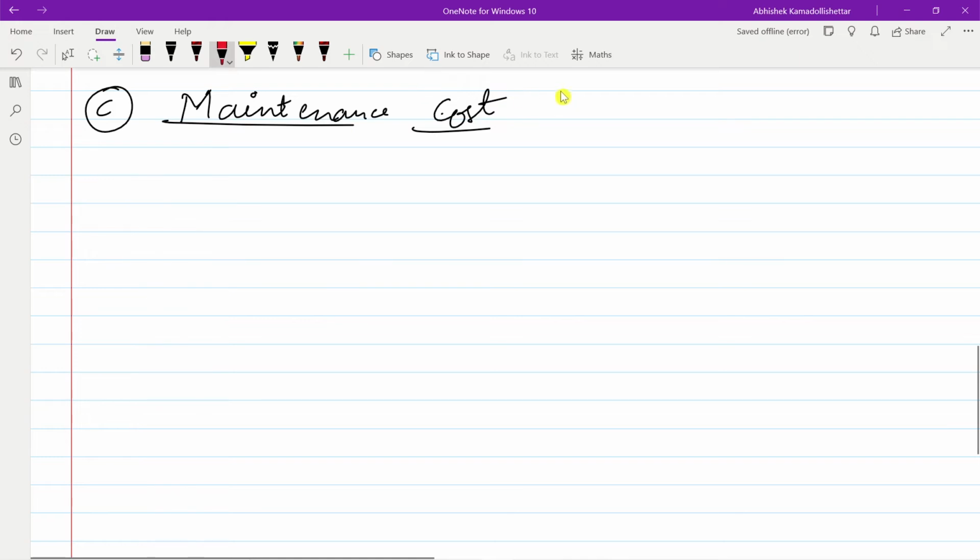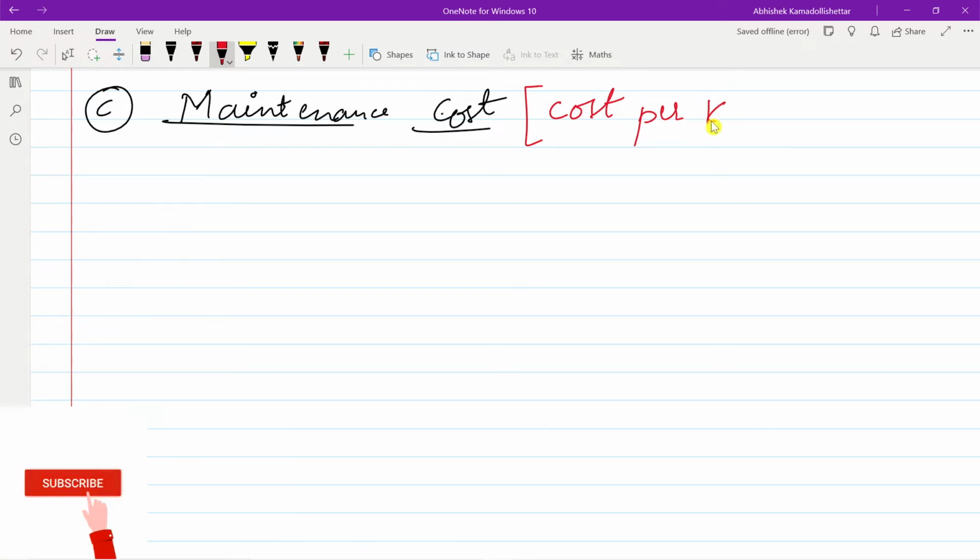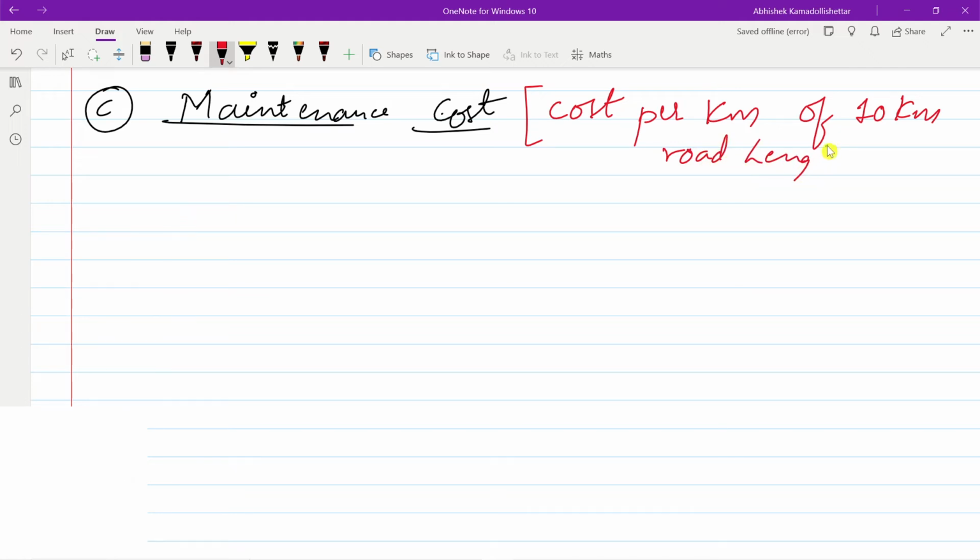The maintenance cost is mainly calculated as cost per kilometer of 10 kilometer road length, which means you have to calculate for 1 kilometer. Per kilometer you have to calculate. So let's see how I'm going to do that.